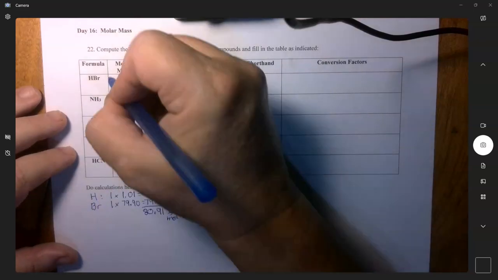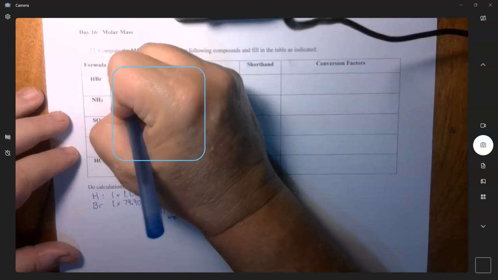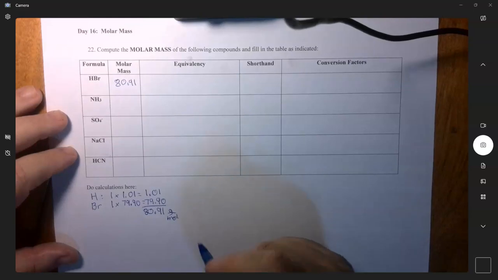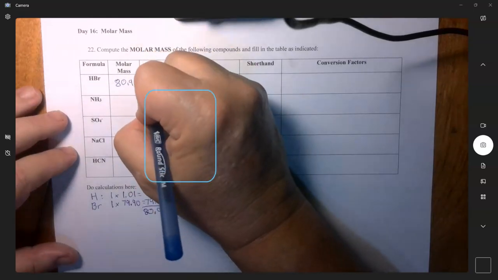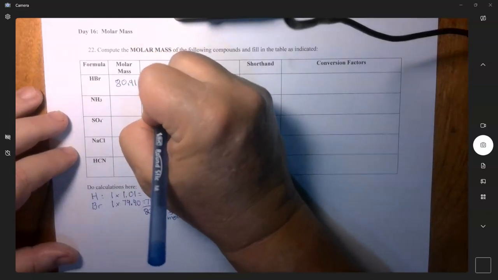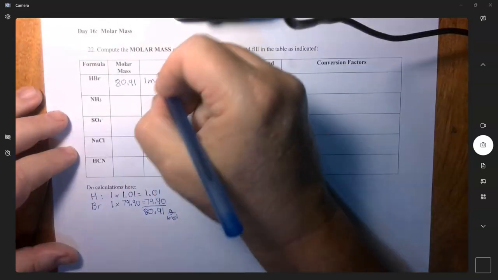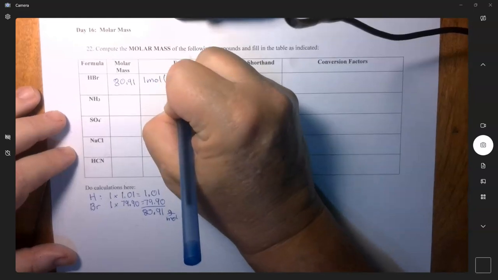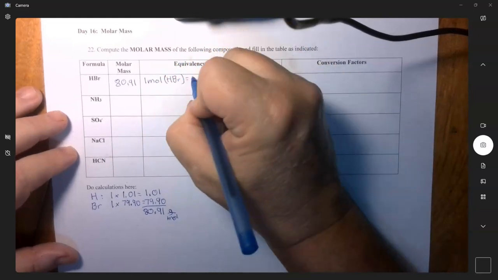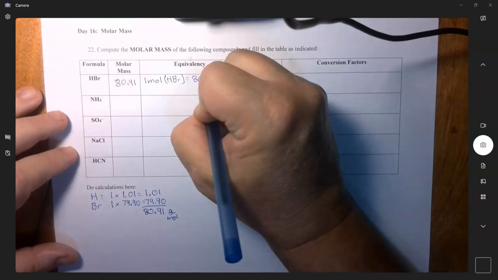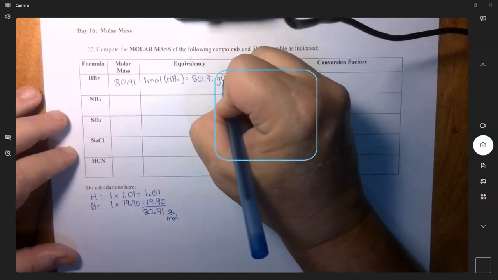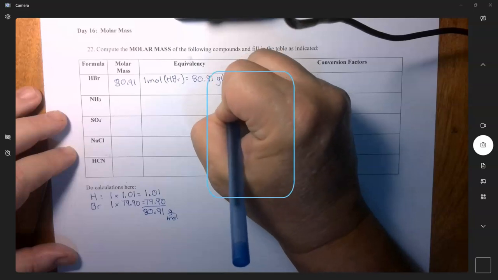So the molar mass is 80.91. Now the equivalency is this. 1 mole, equivalencies are always 1 mole when you're doing molar masses there. HBr equals, and you also write HBr after both sides, okay?